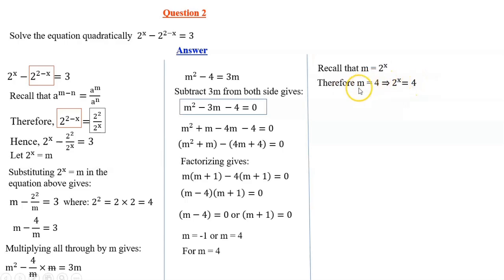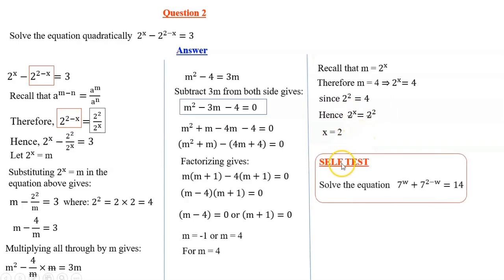We have replaced this m with 2 to the power of x. Since 2 to the power of 2 is equal to 4, hence 2 to the power of x will be equal to 2 to the power of 2. And since the bases are the same, the bases will cancel, leaving only the powers. Therefore, x is equal to 2.